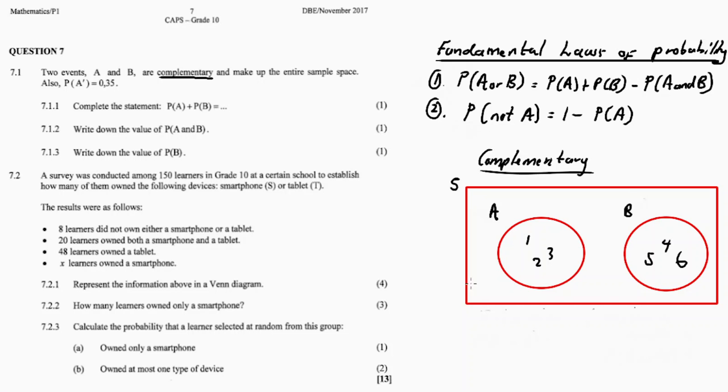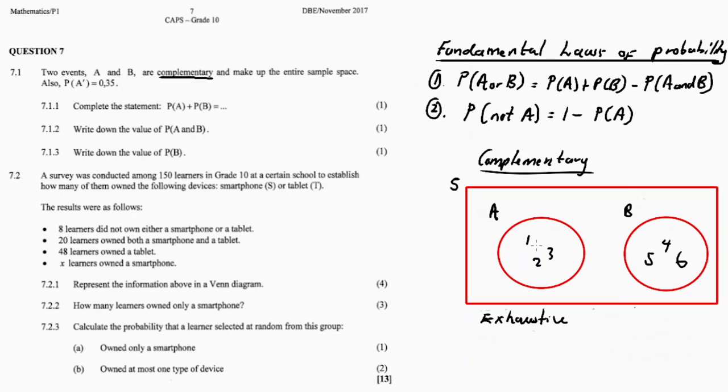Now this is the sample space. We have event A, we have event B. Now for complementary events, our events A and B are both exhaustive. What does that mean? It means that A and B combined take up everything in the sample space, right?